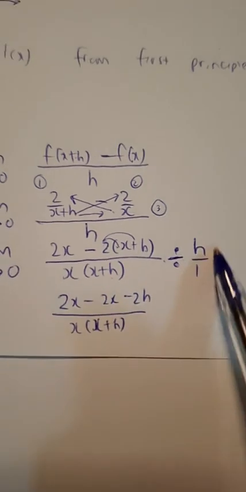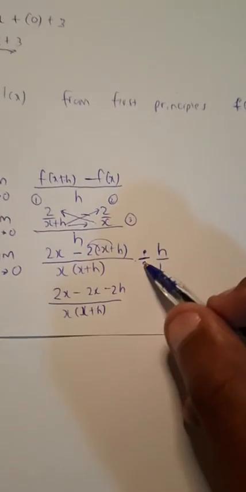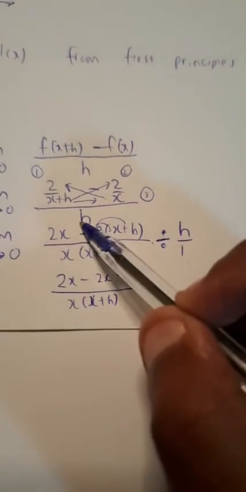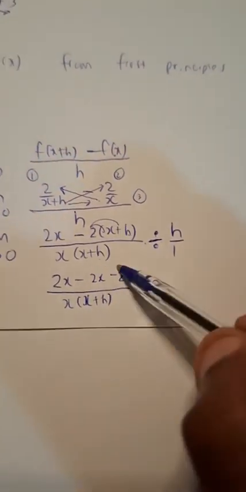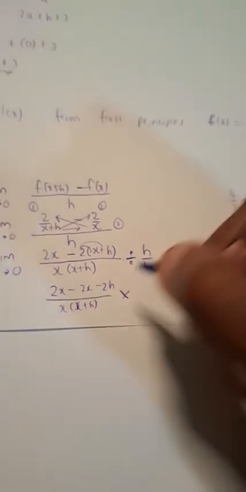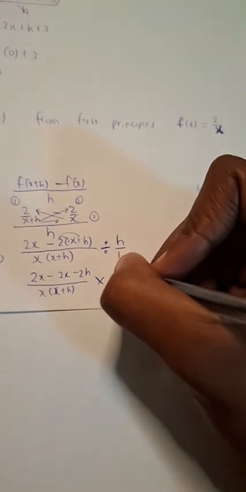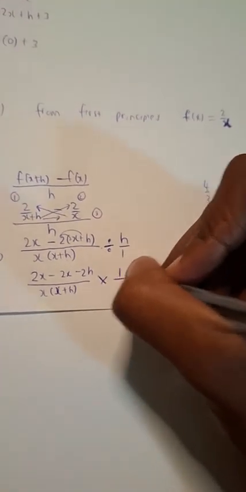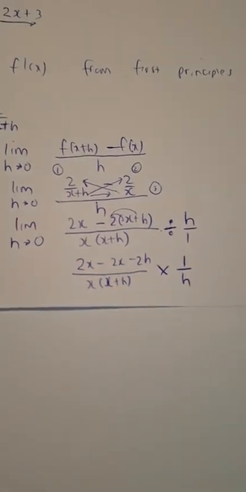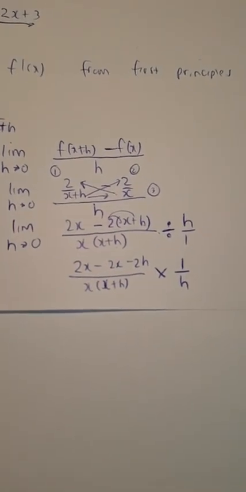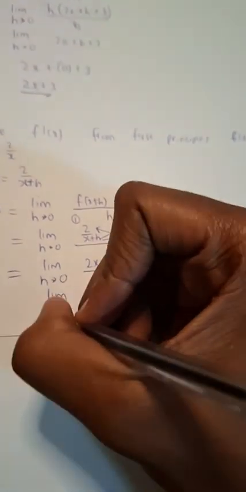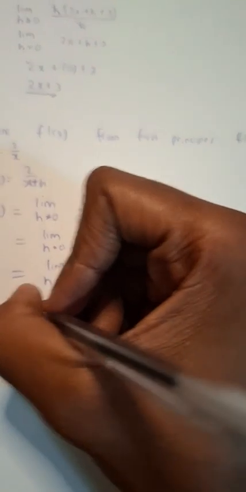So we're going to use this same principle here. Remember, I said this fraction at the top divided by h. So in other words, I wrote it down divided by h over 1. But then now I'm going to change this divide to multiply, and then I'm going to write 1 over h. Okay, so hopefully you guys can see that 1 over h, the limit h approaches 0.